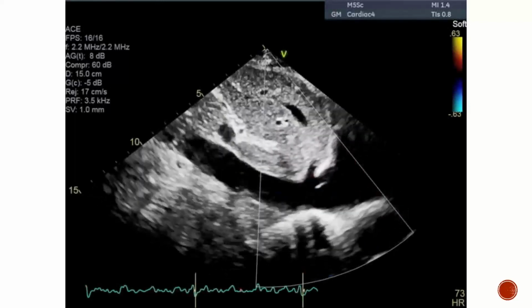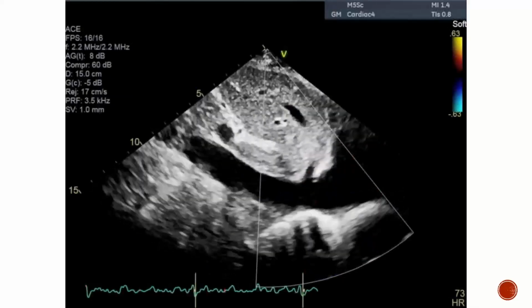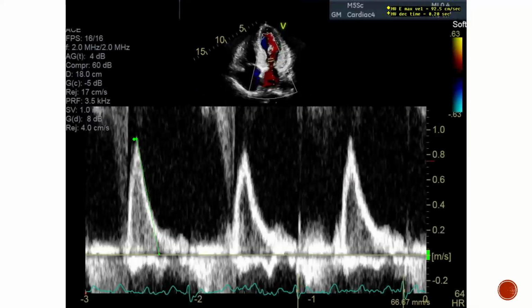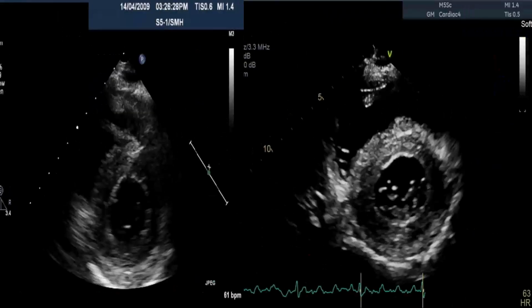And this is an IVC, a non-collapsing dilated IVC. So let's go back. What do you think is the working diagnosis? Okay, Basma is answering.